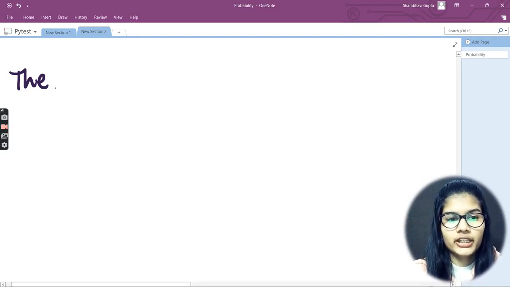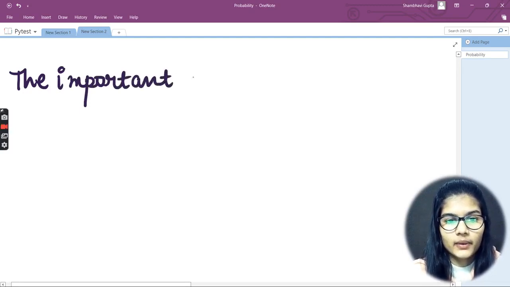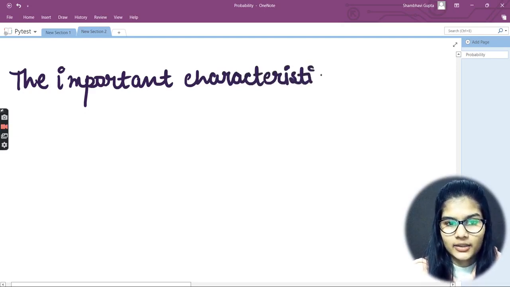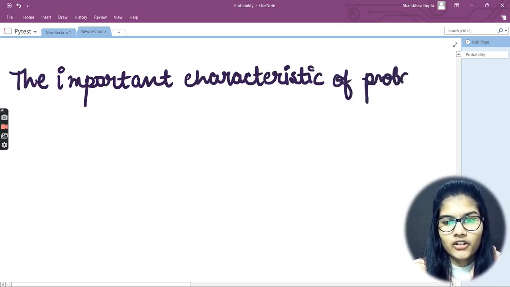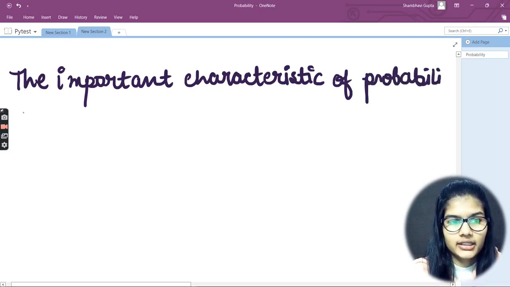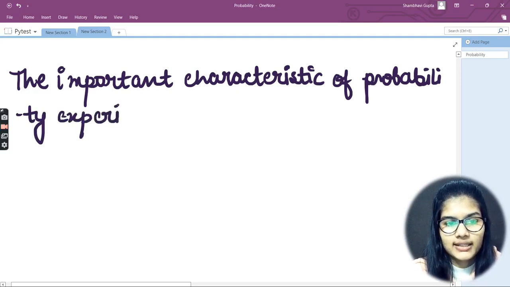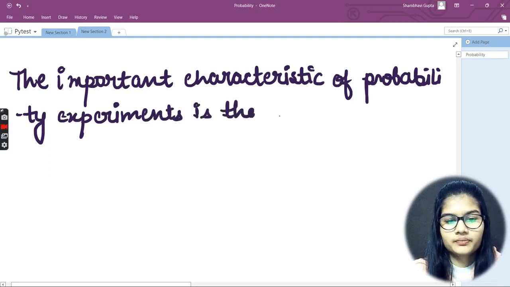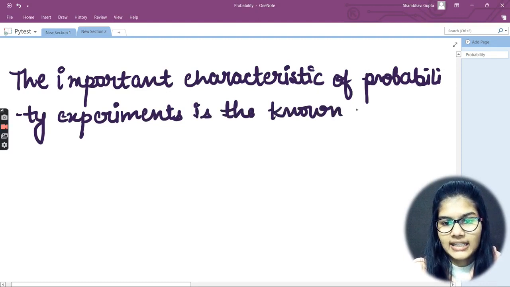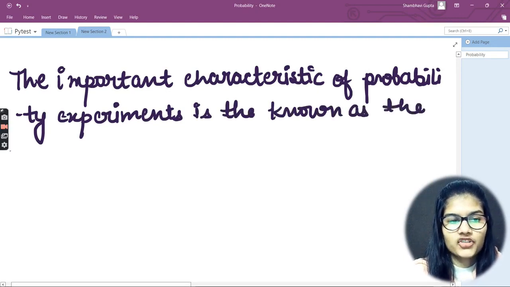Okay, fine. So the important characteristic of probability experiments is known as the law of large numbers.